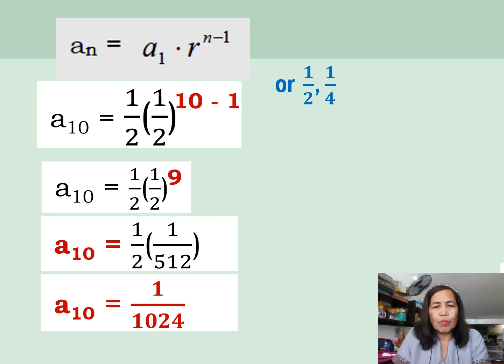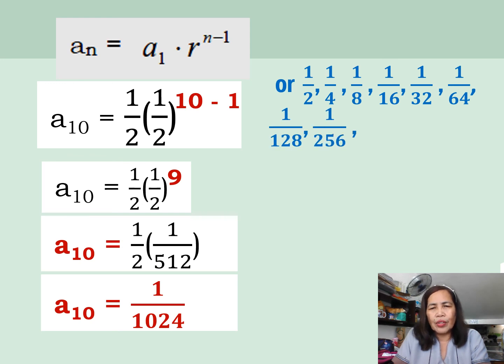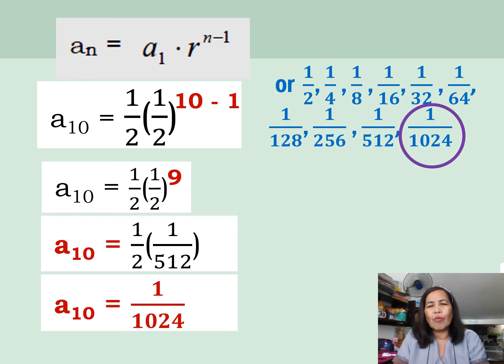Multiply the first term by 1/2 and so on until you reach the 10th term, which is also 1/1024. Either of the two, depends upon you. You are free to use whatever solution is best for you.